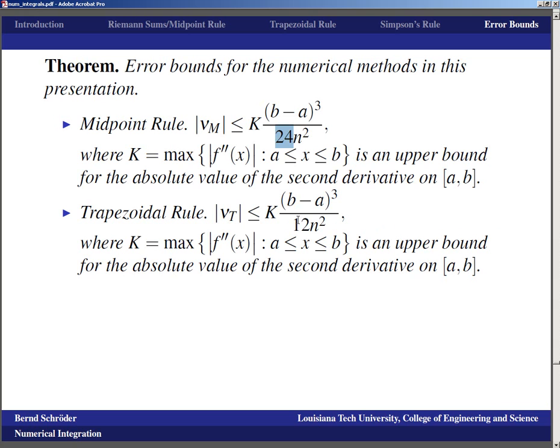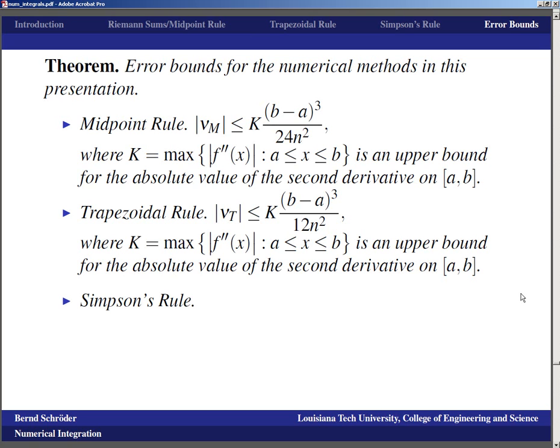Everything else is the same, so we can expect the midpoint rule to be about twice as accurate as the trapezoidal rule, which is geometrically interesting because our intuition makes it somehow feel as if the trapezoids approximate the area better than the midpoints. Well, the trapezoids approximate the function better, but the midpoint rule, because those overshoots and undershoots on the left and the right side, or vice versa, cancel so nicely, approximates the area better, which is kind of cool.